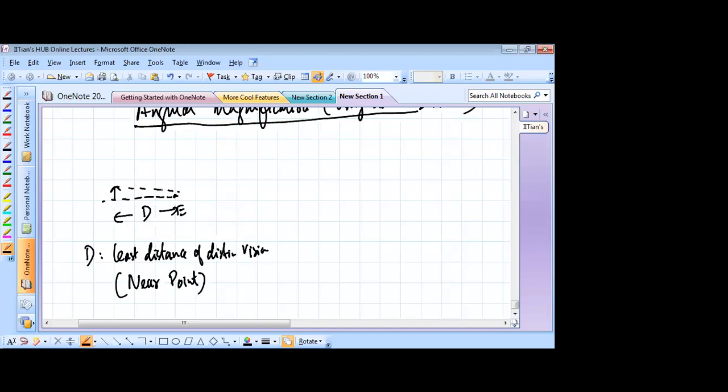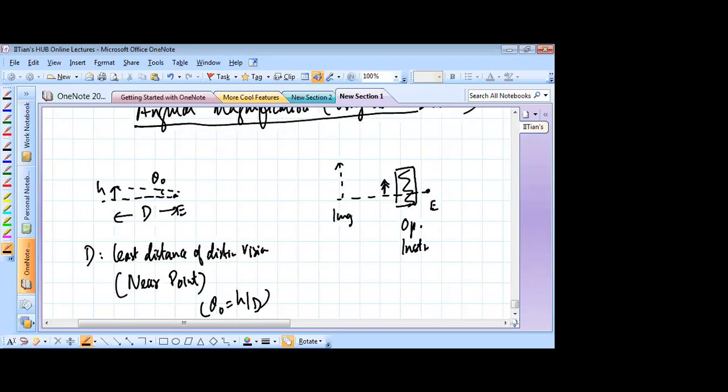So the angular size of the object you just see is h by capital D. But suppose we keep some optical instrument in between, and as a result of that, what we are seeing is a different version of the object. We are seeing the image. So this is the image we are seeing, and that image is subtending a larger angle for us, theta, and theta is greater than theta naught.